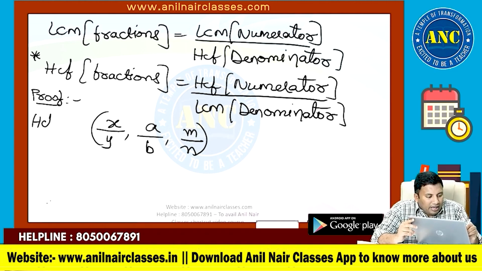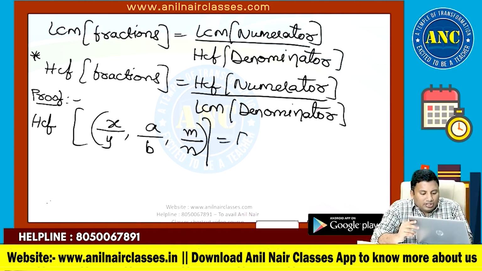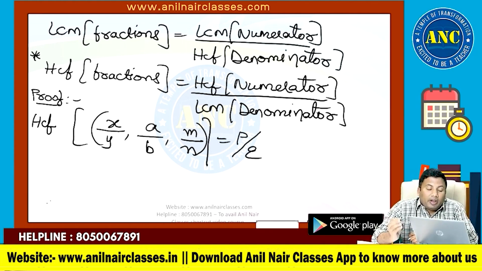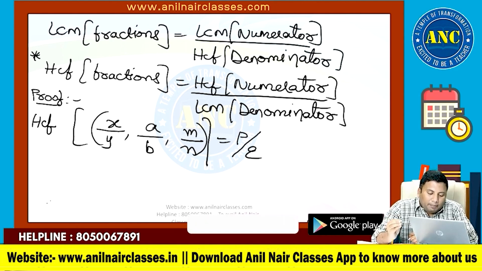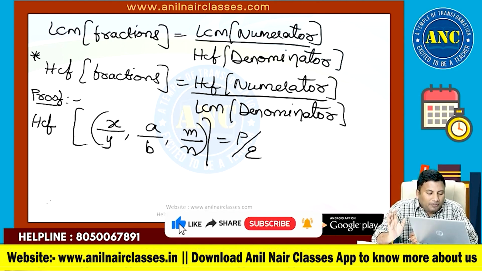I am finding the HCF of all these. Let the HCF of all these be p by q. Why is the HCF of fractions HCF of numerator by LCM of denominator?